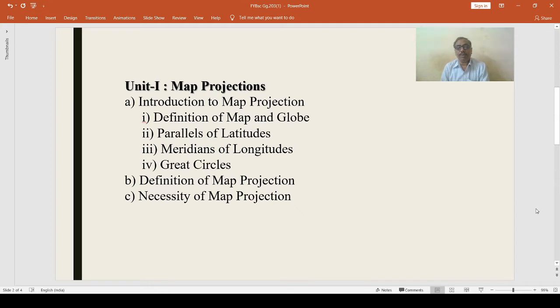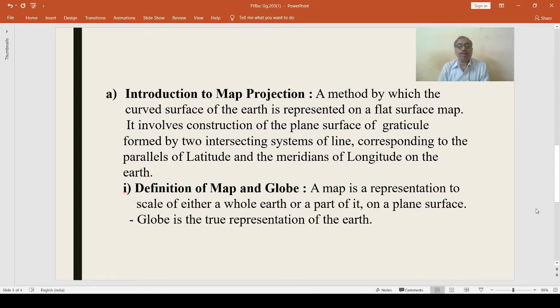These topics are Introduction to Map Projection, which includes definition of map and globe, then parallels of latitudes, meridians of longitudes, great circles. Then another subtopic is definition of map projection, then necessity of map projection. Introduction to map projection.